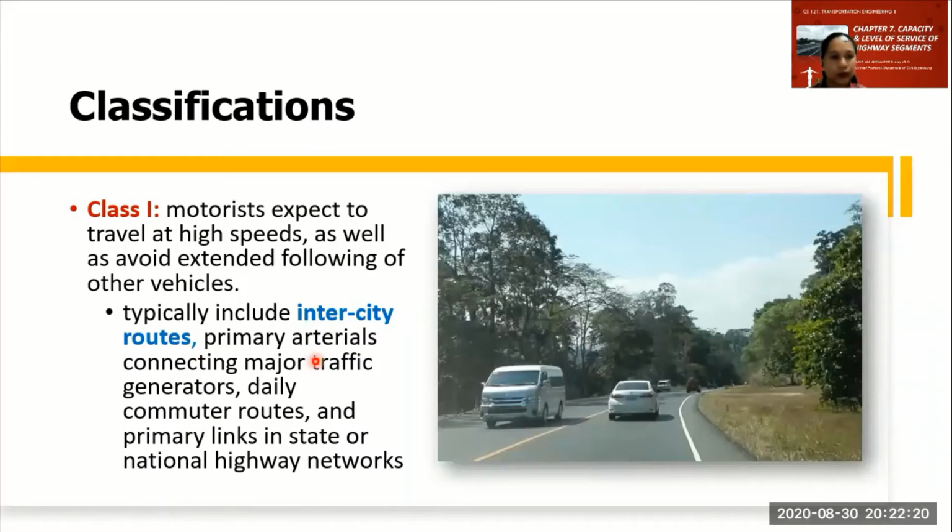Those of you who have been traveling via South Luzon Expressway can imagine what I'm telling you, that there are very few access points or entrance and exit points that make the vehicles travel faster compared to the national road or provincial roads.